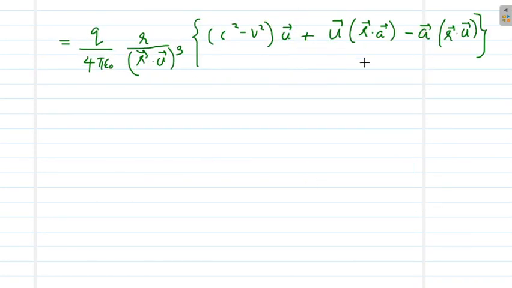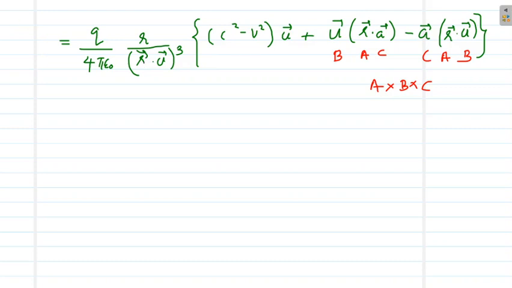If you look at the last two terms, you can see it is of the form BAC minus CAB, right? Here A stands for R bar, B stands for U bar and C stands for A bar. So this expression is simply A cross (B cross C) from the BAC-CAB rule.